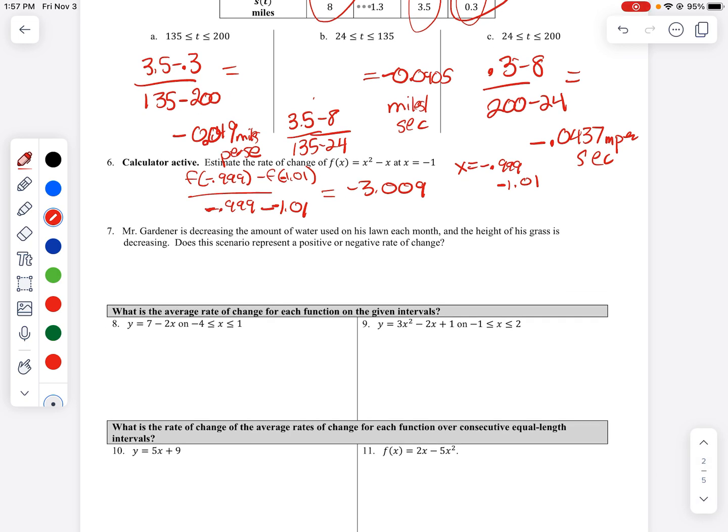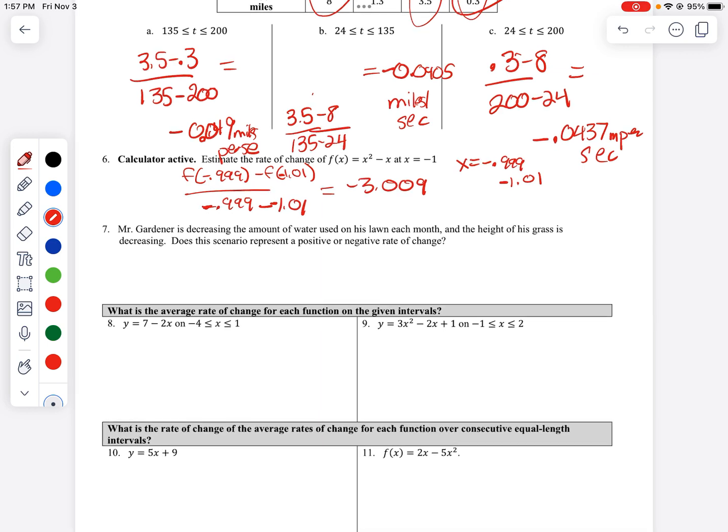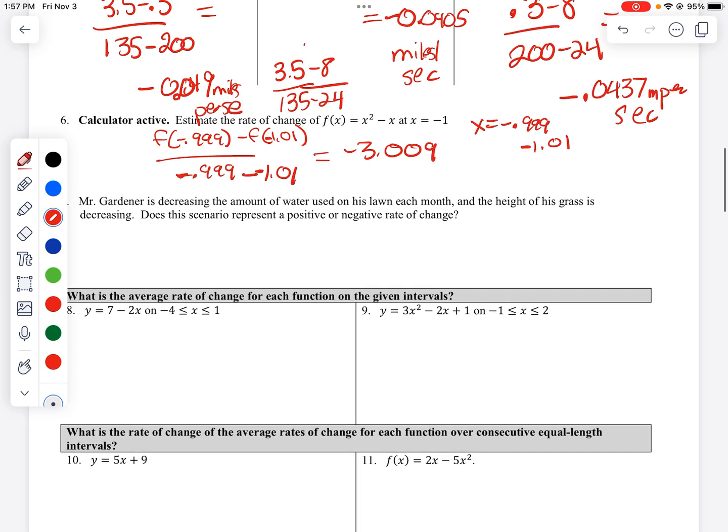All right, number 7. Mr. Gardner is decreasing the amount of water used on the lawn each month, and the height of the grass is decreasing. So does this represent a positive or negative rate of change?